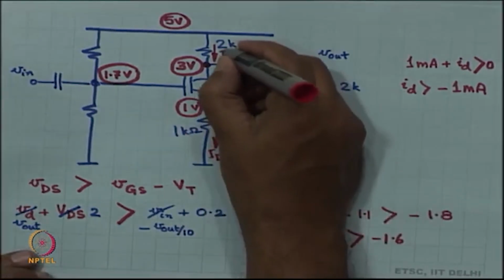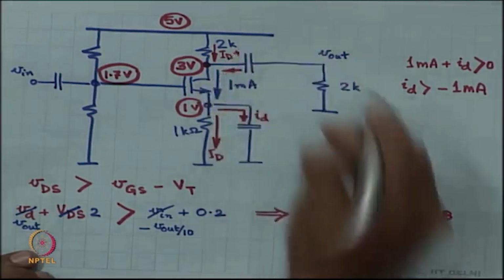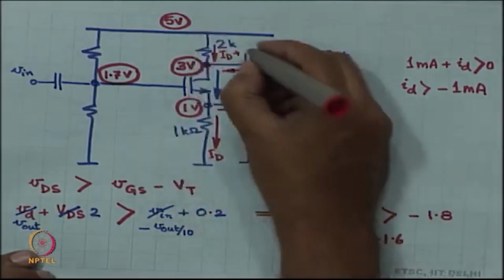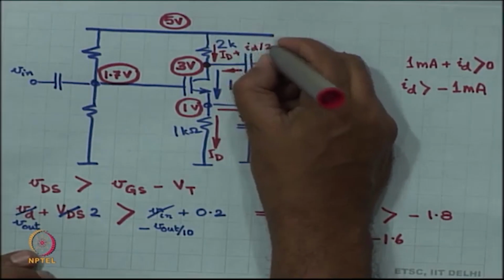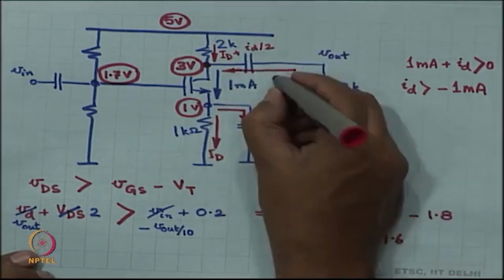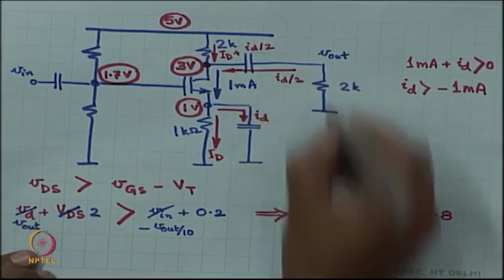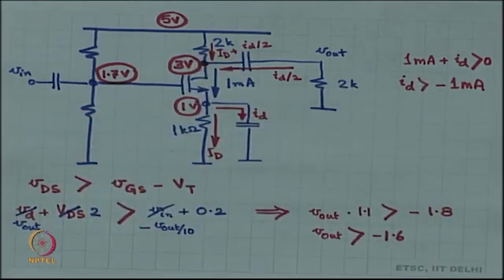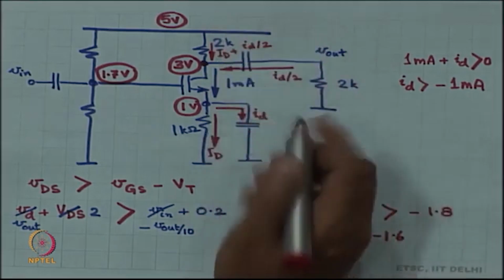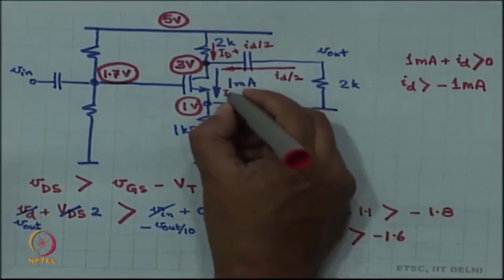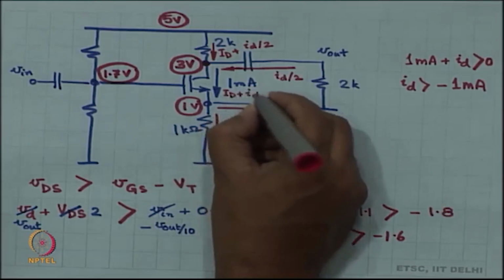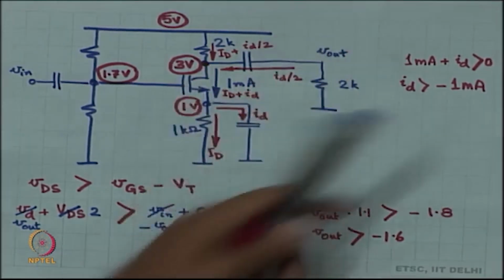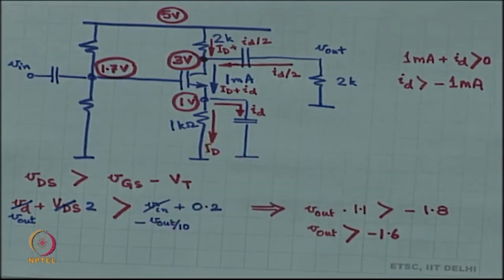So, this is capital ID plus the small id split, small id by 2, right, and this way the current is small id by 2, okay, because 2k and 2k, right. I am just trying to understand the situation. The net current is capital ID plus small id, okay, which again splits up into the capacitor and the resistor at the source. All right.